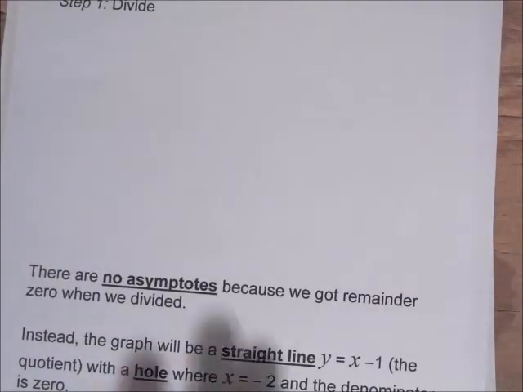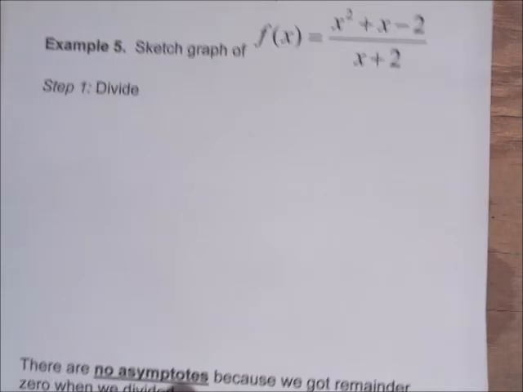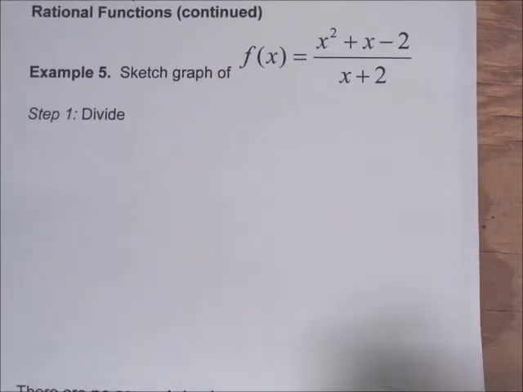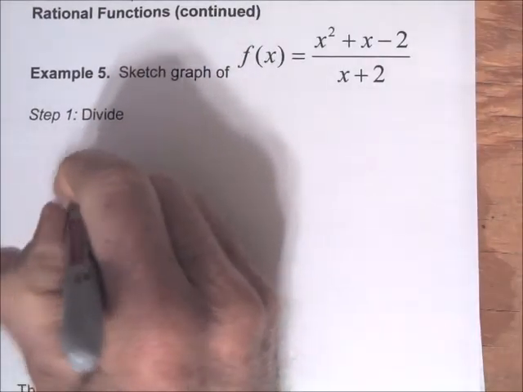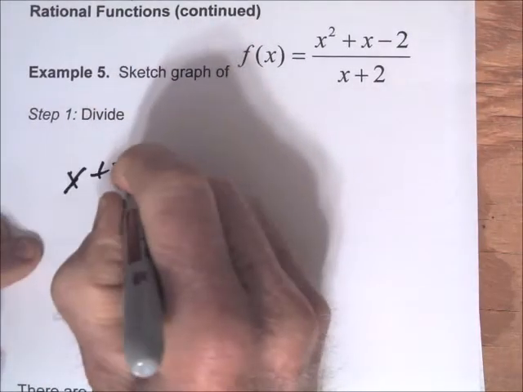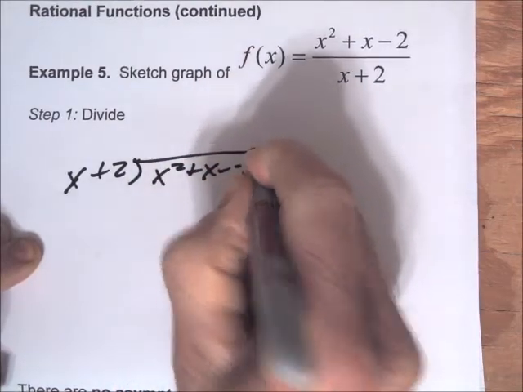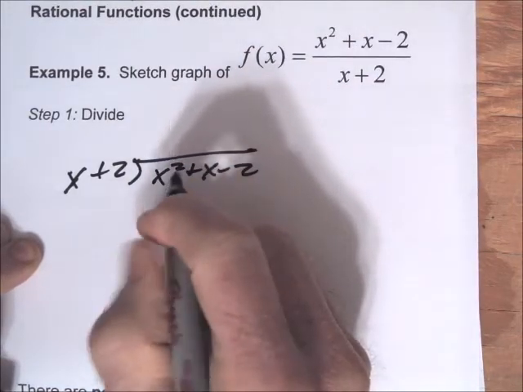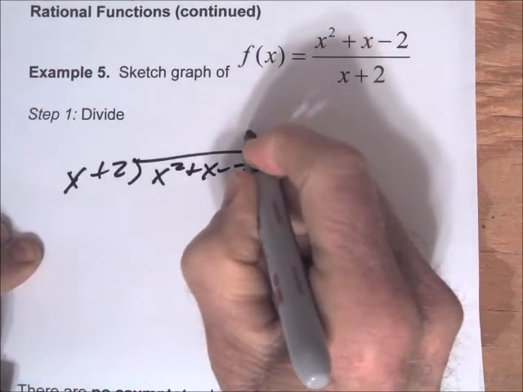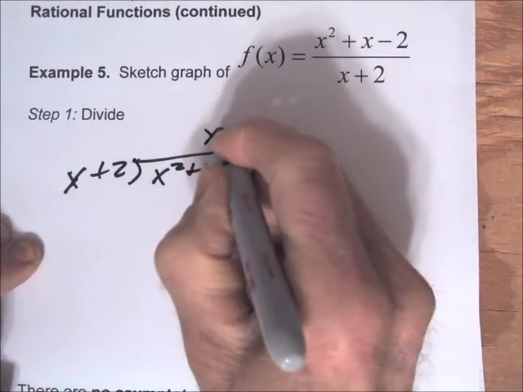Okay, another example of a rational function. Again, we want to divide to check for asymptotes. Divide the highest power of x by the highest power of x. x squared divided by x is x. So x goes on top, and multiply.